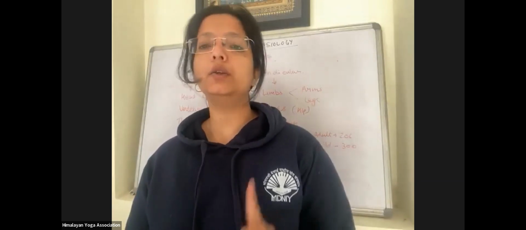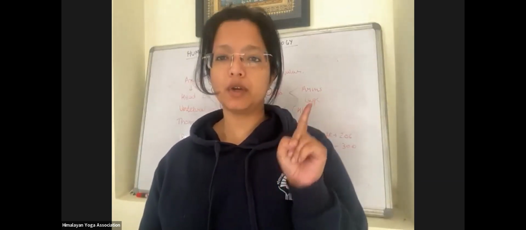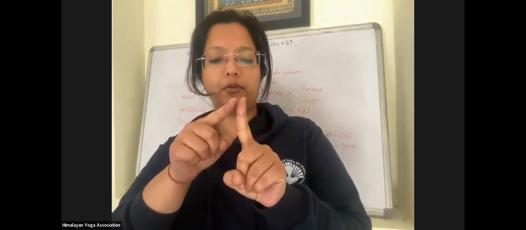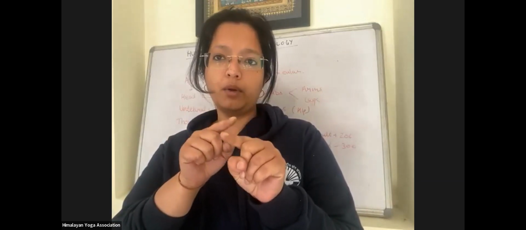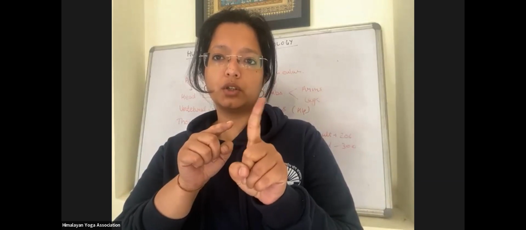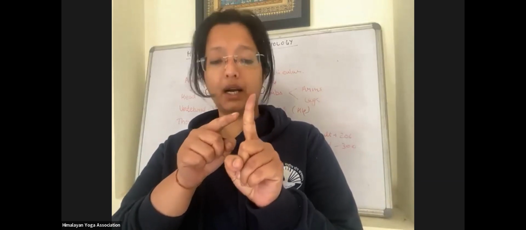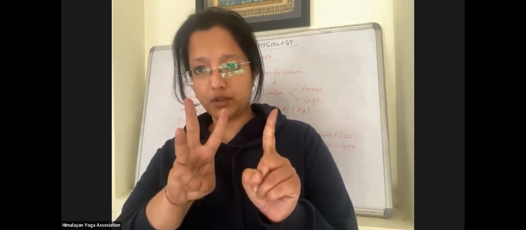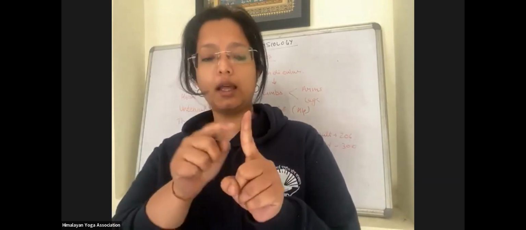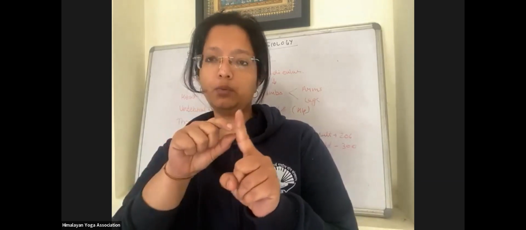Now I'll tell you one concept, that a child is more flexible than an adult. Why? Here you see. This is my finger. If there was just one bone here, I'm able to move only this much. But I have 3 bones here. I have 2 joints through which 3 bones are connected.